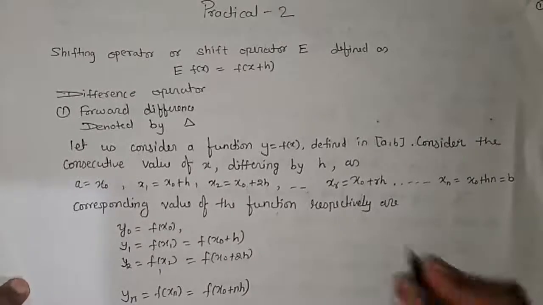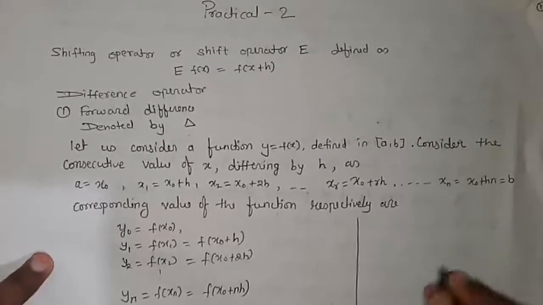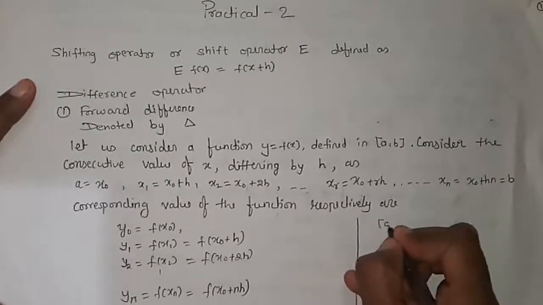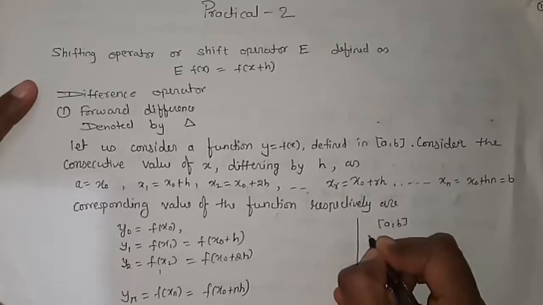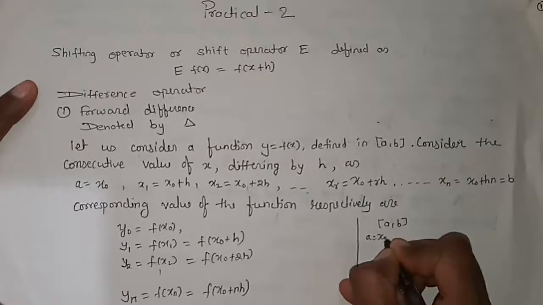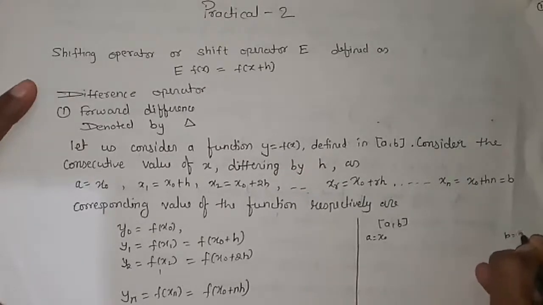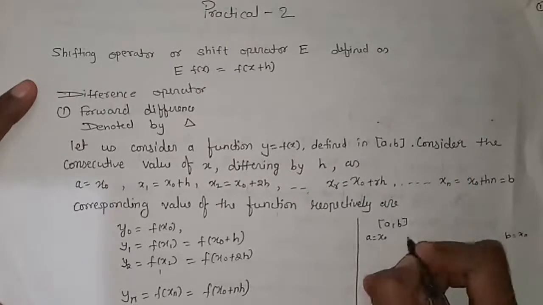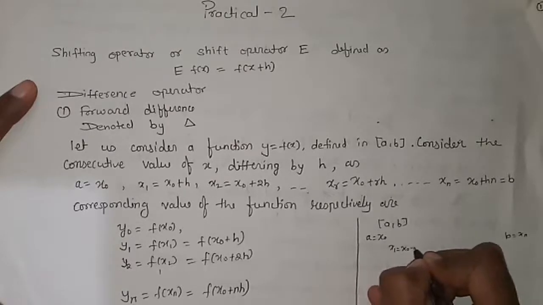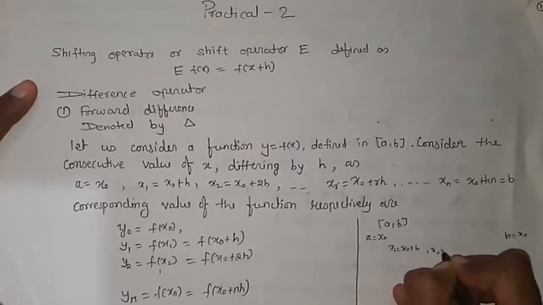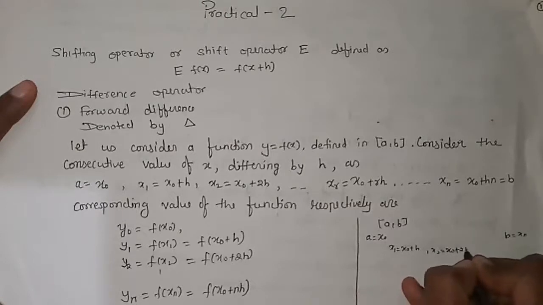Simply what we are doing here, see, we have an interval a to b, so we are considering a as x naught and b as xn, and in between points we are giving them as x1 is equal to x naught plus h, then x2 is equal to x naught plus 2h.